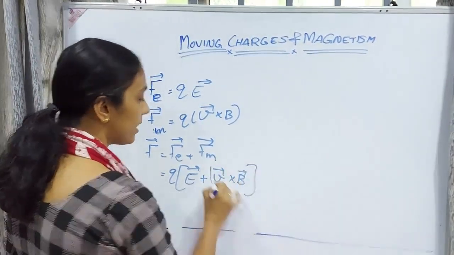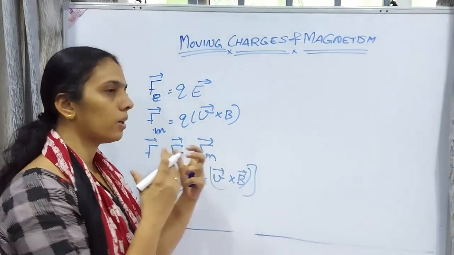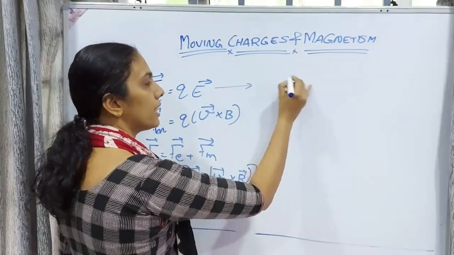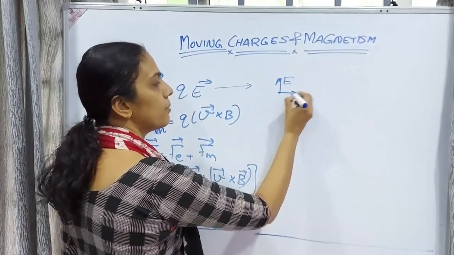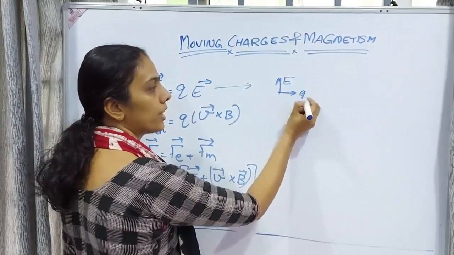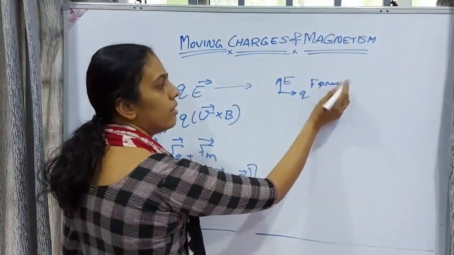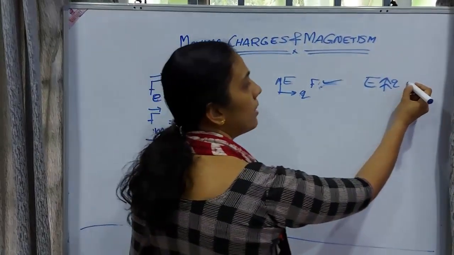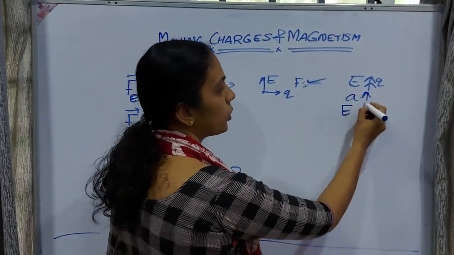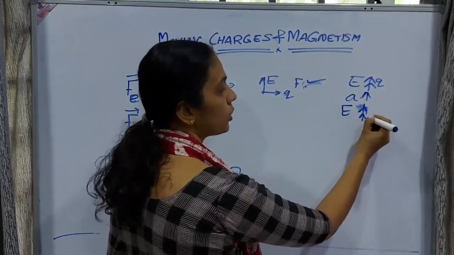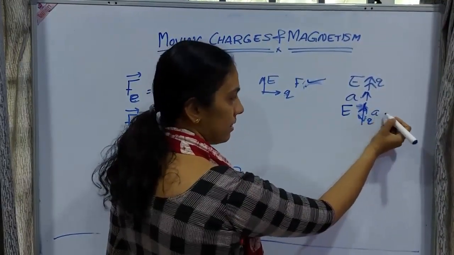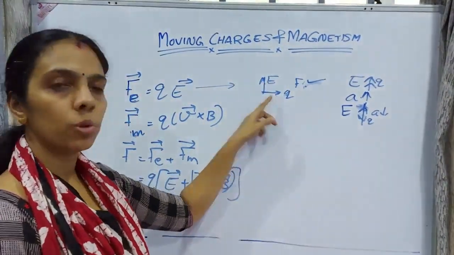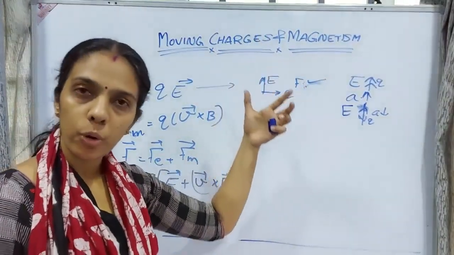So separately we just learned what the force is in each case. If a charged particle is moving in an electric field, and the electric field and velocity are perpendicular, then force is present and it will follow a parabolic path.